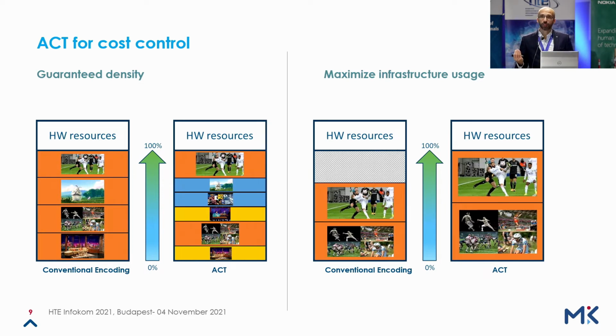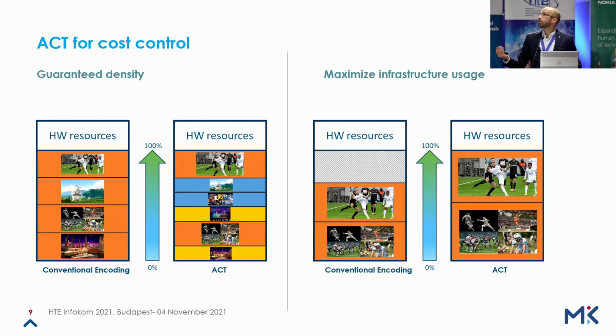But for some content, that will deliver you, pardon me, very good quality, while some other content may not perform as well. So by using frame-by-frame switching, you can basically spend fewer resources on easy content and use those resources on the harder content. That guarantees you're still in your density without having to dimension for the worst-case scenario.